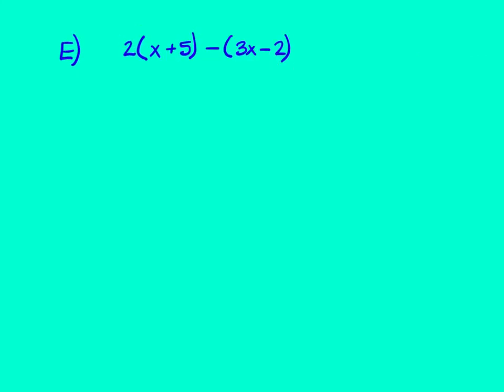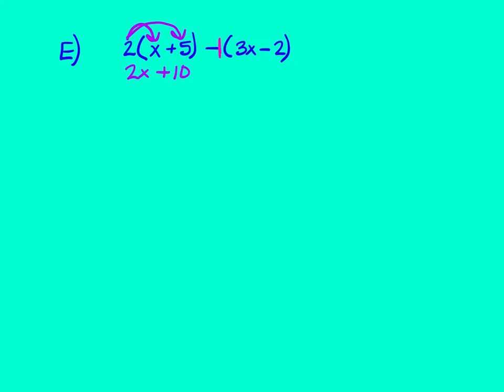Part E. 2 times the group x plus 5 minus the group 3x minus 2. So we're going to do distributive property. Over here on the left side, we have 2 times x, which is 2x. 2 times positive 5 is positive 10. And then on the right side, we have minus a group. Now, that minus sign actually has a number behind it.